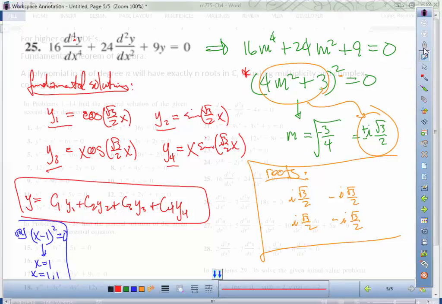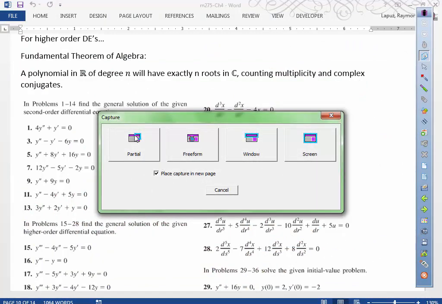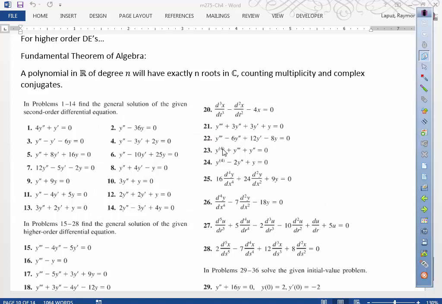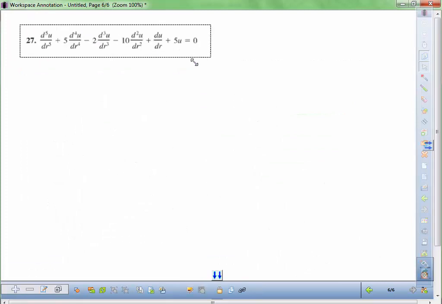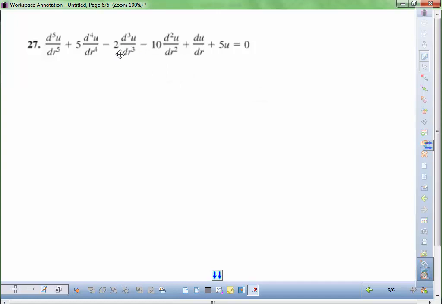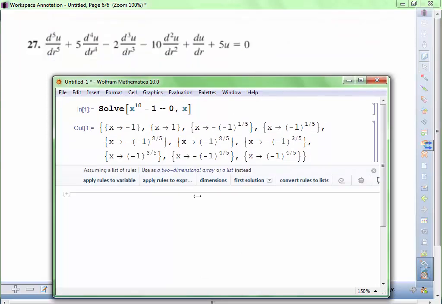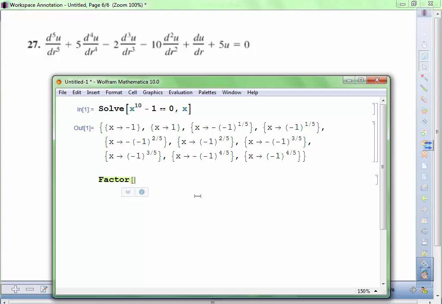In fact, we might as well talk about number 27. I'm going to cheat here.